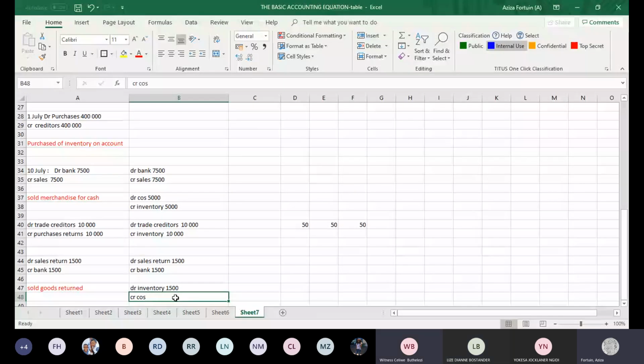Okay, let's look at example 4.4. If I say bought consumables for 50,000 Rand cash, what am I going to debit and what am I going to credit?